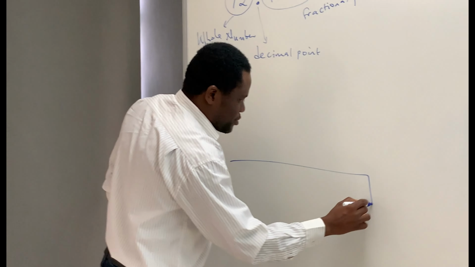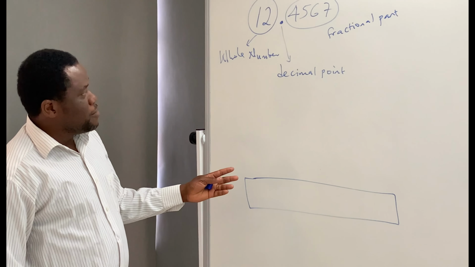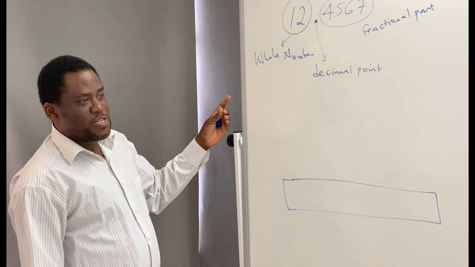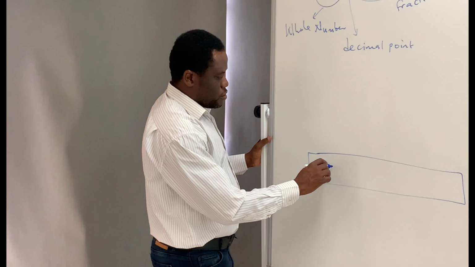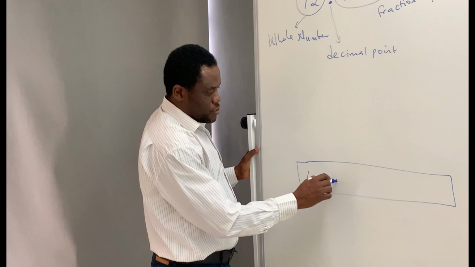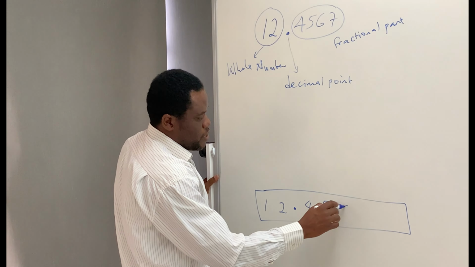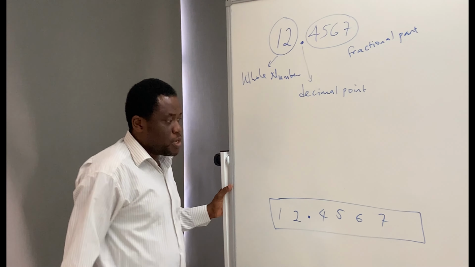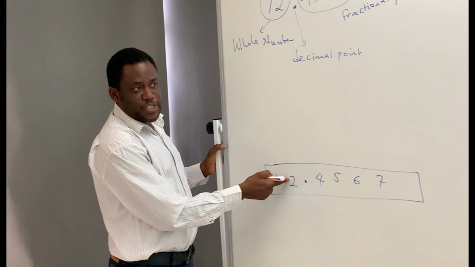Don't forget our abacus like this. Now, which number do we have? We have 1, 2, so there's a dot here, 4, 5, 6, 7. Now, how do we pronounce this? Okay, this is units, right?